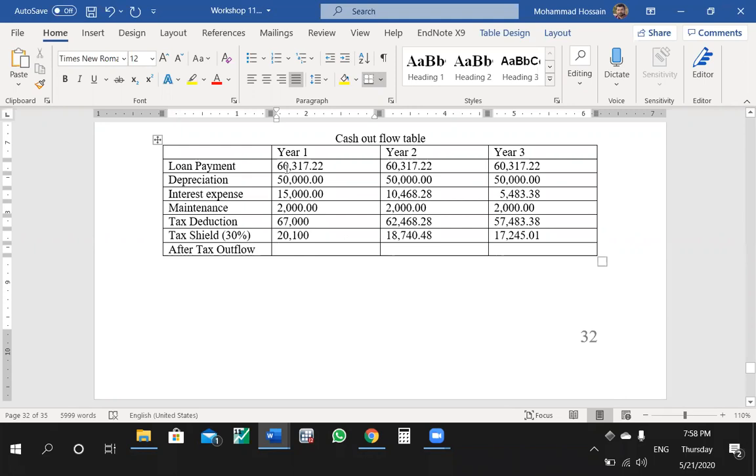We'll be calculating here 60,000 plus maintenance expense 2,000. That's total payment you're gonna make. And you add up this figure and subtract this figure.